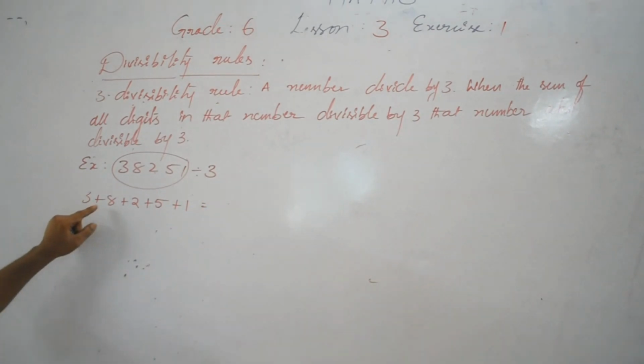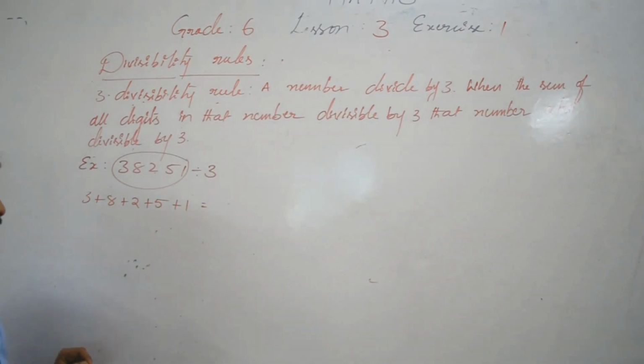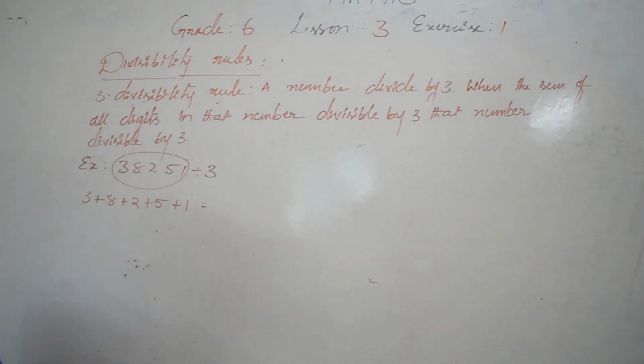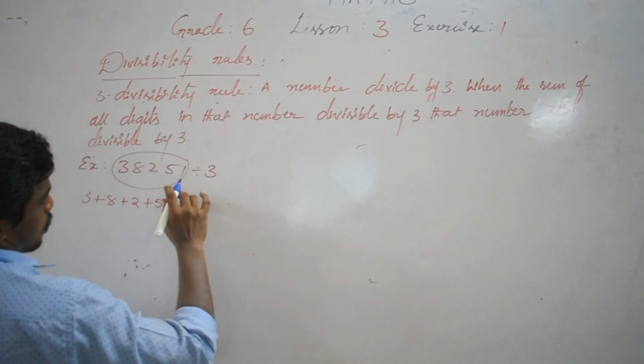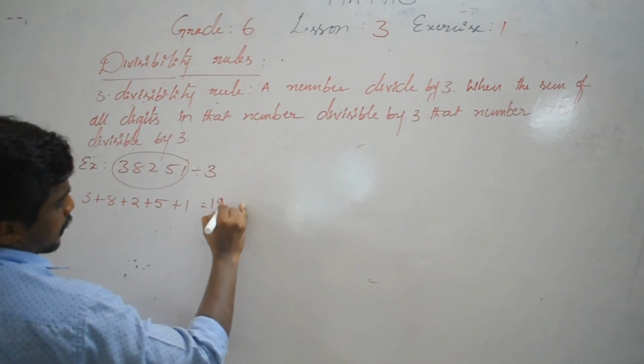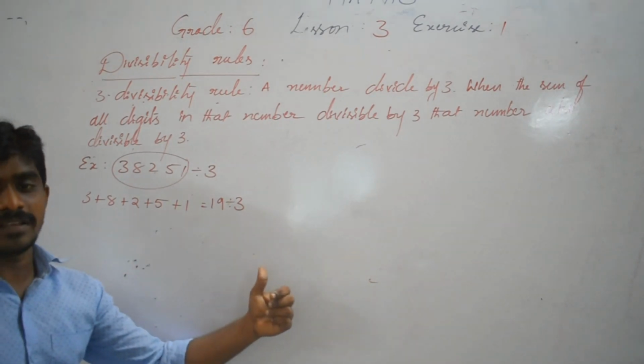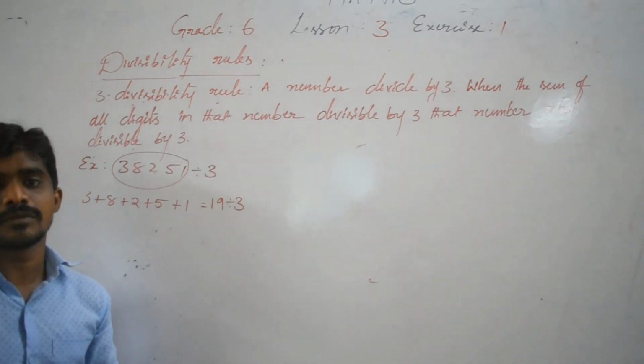How much? 3 plus 8, 11, 11 plus 2, 13, 13 plus 5, 18, 18 plus 1, 19. 19 divided by 3, divisible or not divisible?